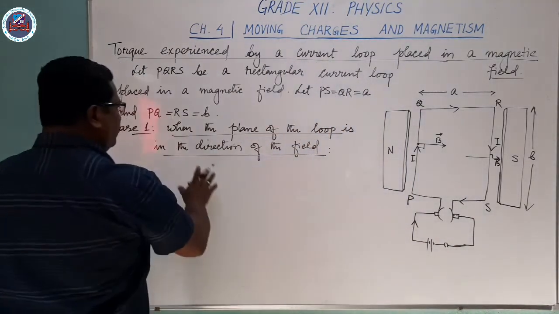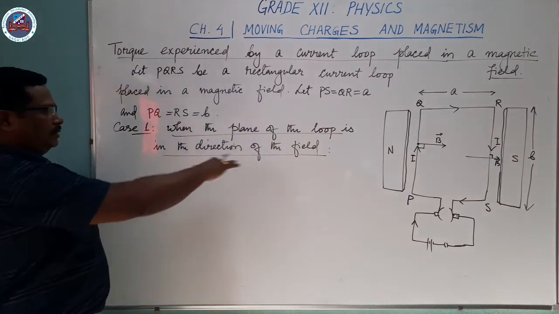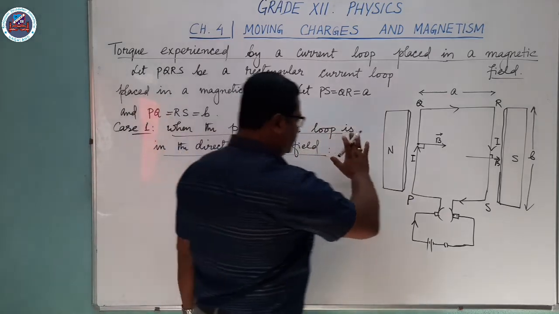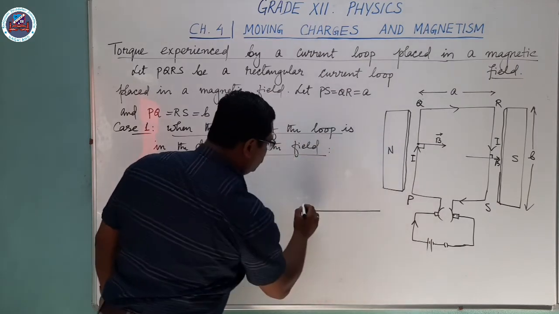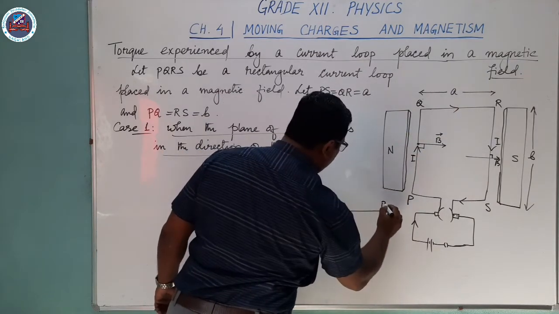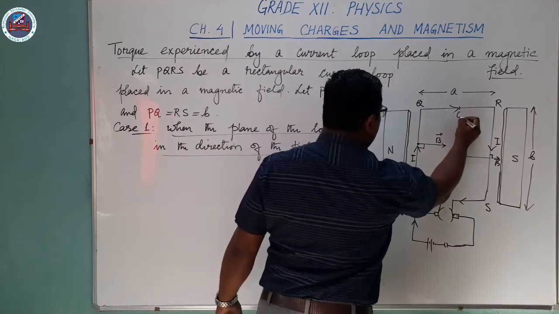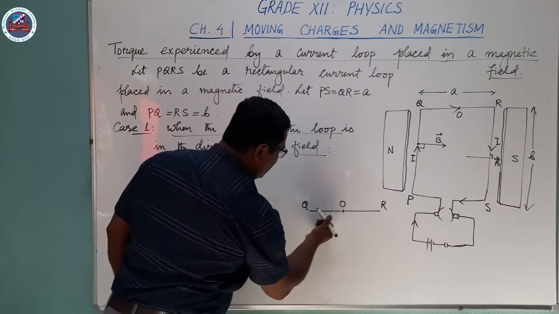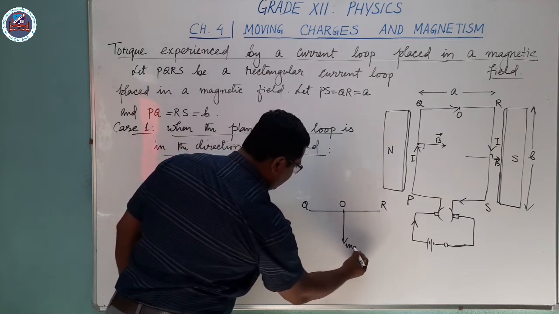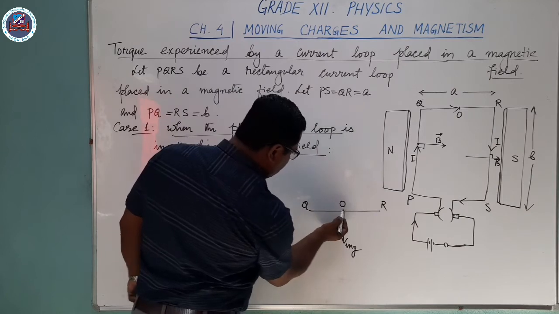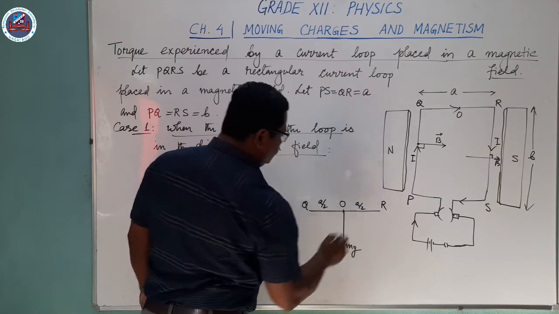In this case, when the direction of the field is along the plane of the loop, we can draw it this way. Suppose this is Q, this is R. I can divide the loop into two parts. Suppose this is the center of the loop, O. Then the weight, let us take it as mg, acts downward. The whole QR was A, so this part will be A by 2, and this also A by 2.